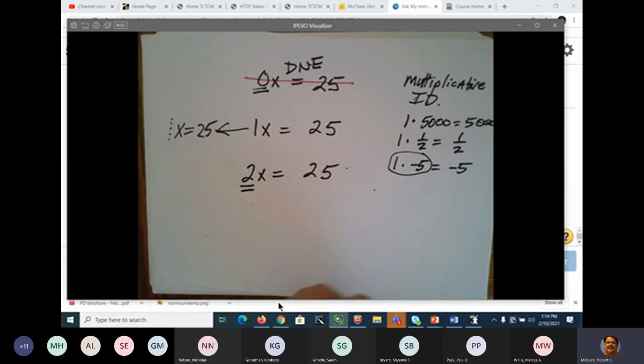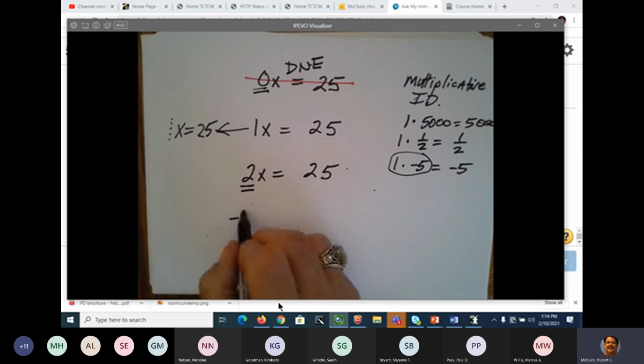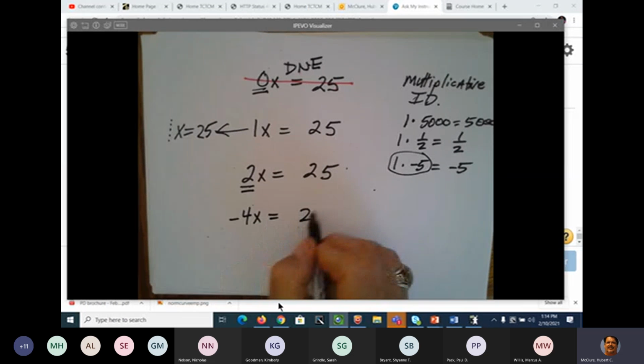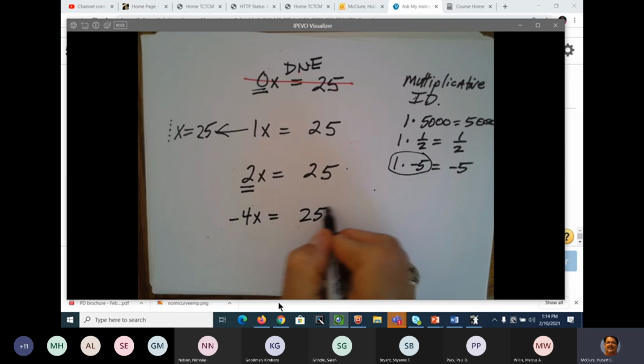If it was a -4, it would have a -4 in front of it. So to answer a question a lot of people ask, how do I know there's a 1 in front of it? Well, I just showed you. There's only one time in all of our universe that x has a 1 in front of it, and that's when you have nothing in front of it, because it can't be 0. So it has to have a 1 in front of it.